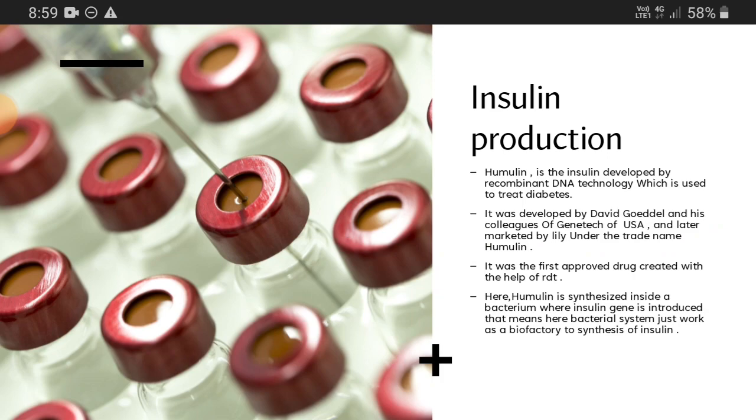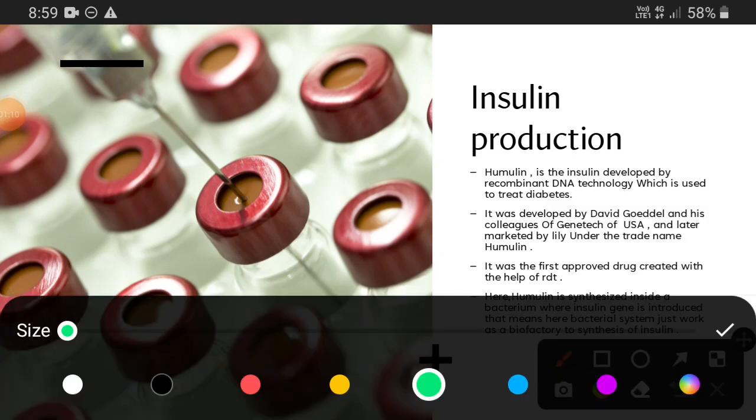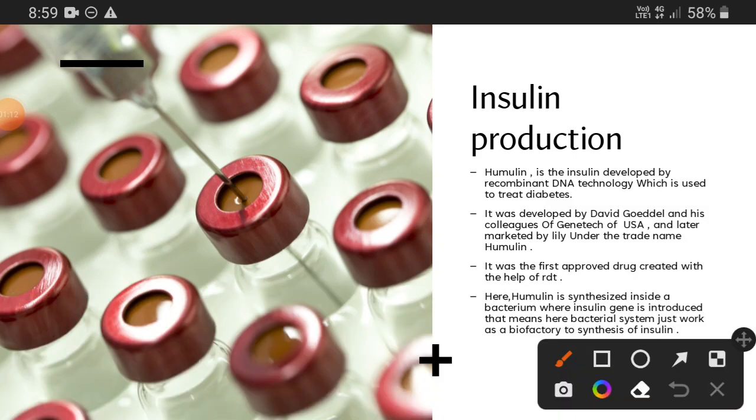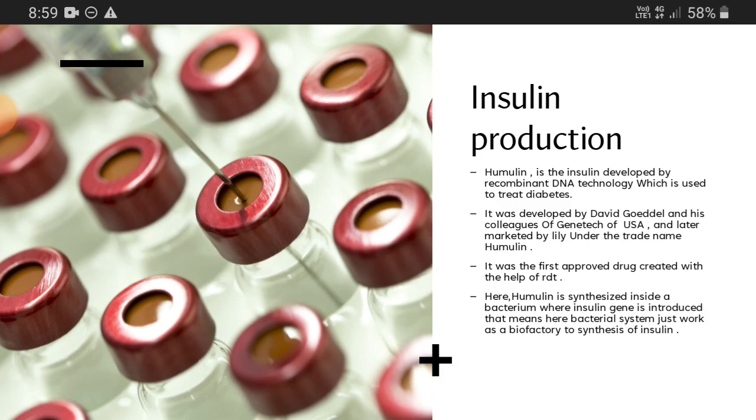Here we are producing humulin inside a bacterium. That means we are using the bacterial system to produce the insulin.